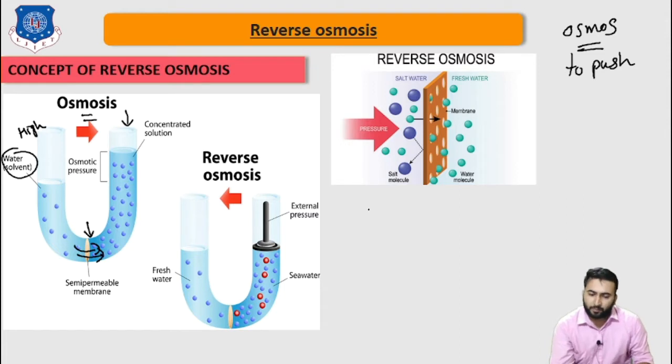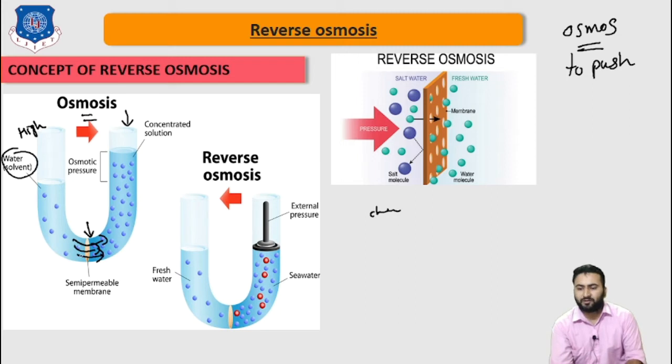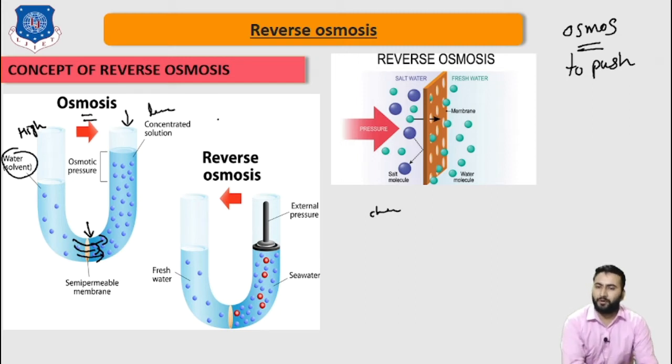For a pure component, the chemical potential is always higher than for an impure substance. That's why the flow goes from higher chemical potential to lower chemical potential, to equate the chemical potential, right?